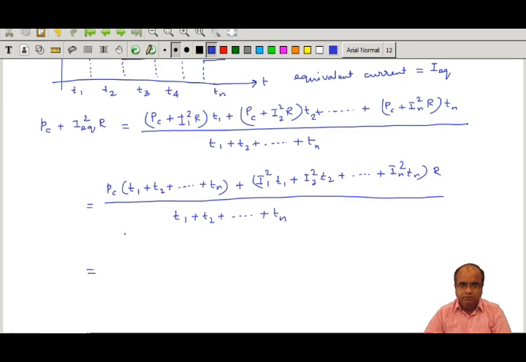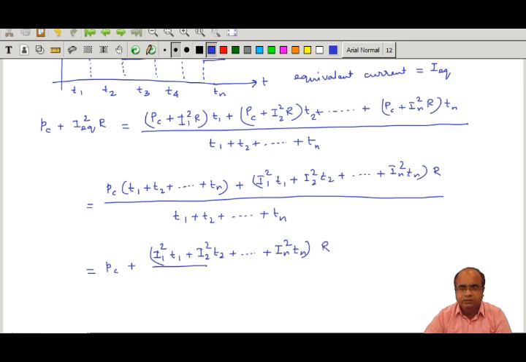That is, the first term becomes PC plus the next term will be I1 square t1 plus I2 square t2 plus In square tn multiplied by R divided by the total time t1 plus t2 plus tn. Okay.